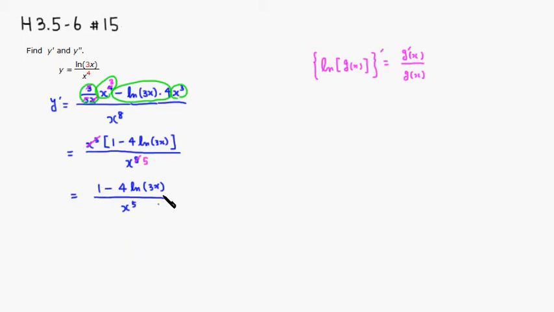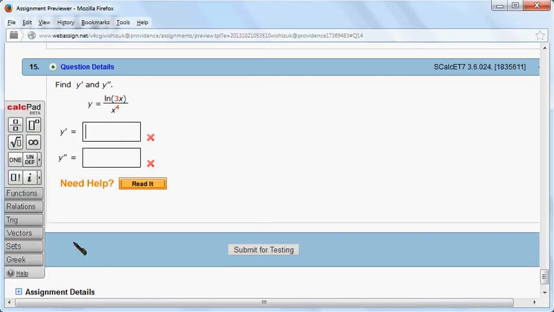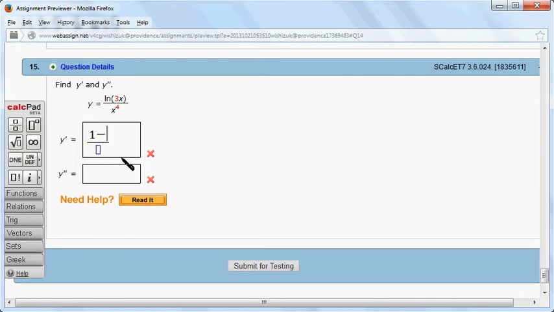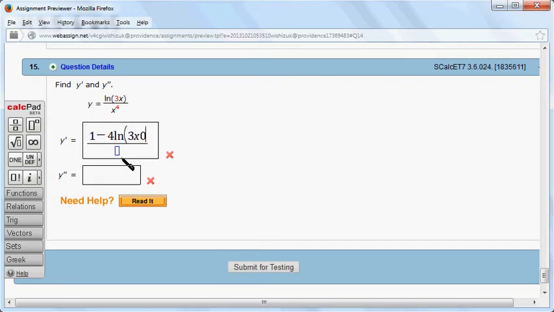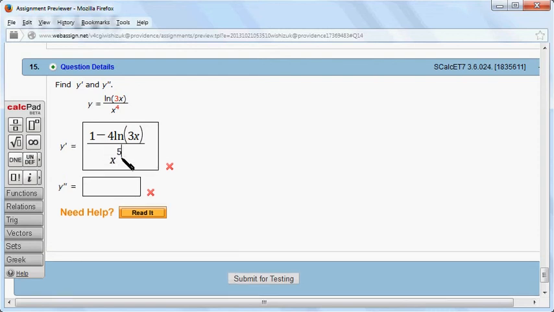So let's type this in. The first derivative was a big fraction, 1 minus 4 natural log of 3x on top, and on the bottom you have x to the 5th power.